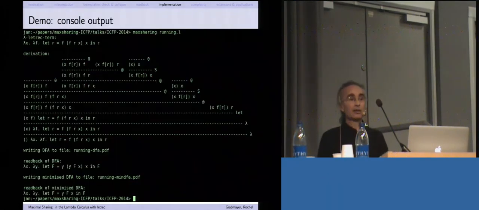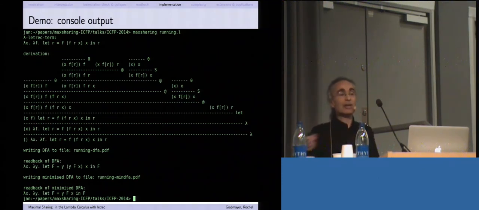And then this minimized automaton is read back, and the readback of this DFA is computed and then pretty printed as a term as output of our tool. That is our tool.